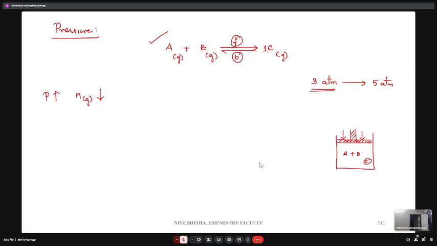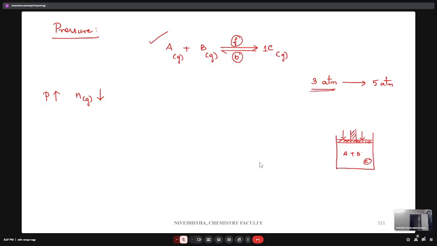In which direction will the reaction move, Kanna? Because I've increased the pressure, right? So the reaction has to decrease the pressure. So to decrease the pressure, the reaction has to move in a direction where the gaseous number of moles is less. Forward, ma'am. That's it.